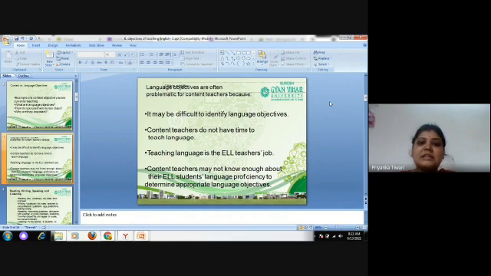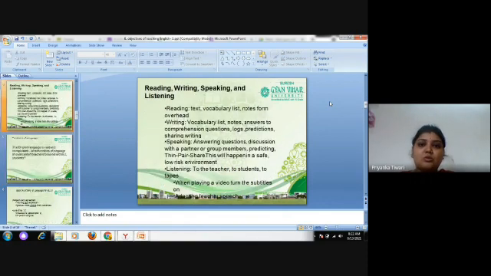Teaching language is the ELT teacher's job, and content teachers may not know enough about the students' language proficiency to determine appropriate language objectives. So, reading, writing, speaking, and listening. As we know, this is the sequence: listening, speaking, reading, and writing. This sequence is very important.